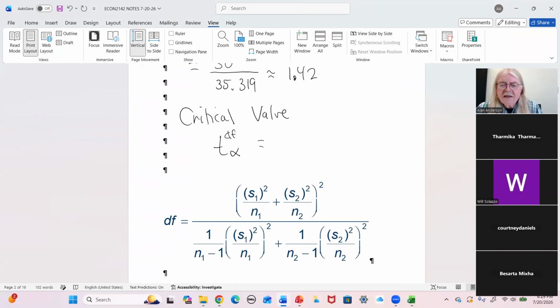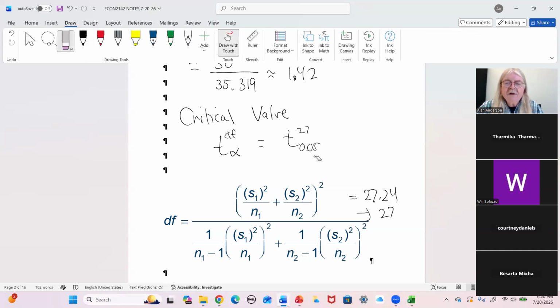Now, again, just to save time, I know we can figure this out for ourselves, but I'll just tell you that it's 27.24, which will round down to 27. There's no point in spending all night with it.